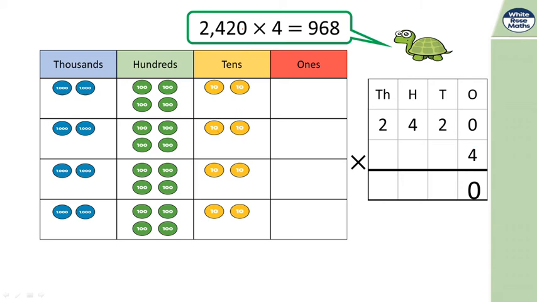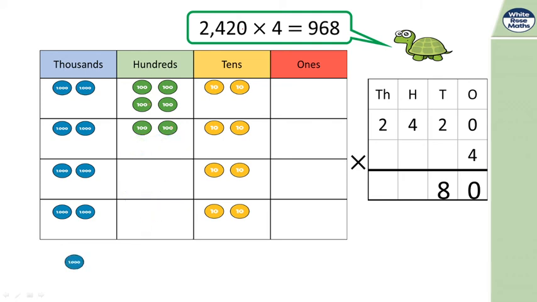Then we've got 4 lots of 2 tens. So it's 1, 2, 3, 4, 5, 6, 7, 8. Or 4 times 2 tens is 8 tens. Now I can see that's more than 10. I've got 4 lots of 4 hundreds, which if I count them up, I get to 16. So we are going to have to exchange 10 of our hundreds for 1,000, because remember the maximum digit you can have in a place value column is 9.